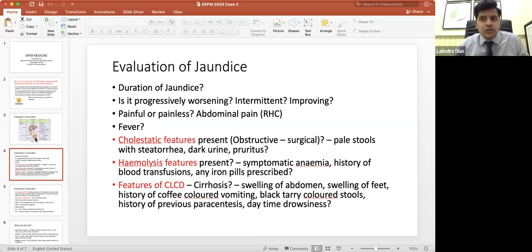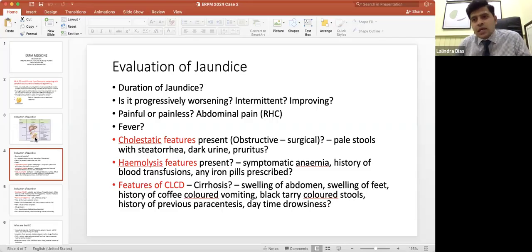So along with jaundice, if you get right hypochondrial pain, that is more suggestive of acute hepatitis, right? But also it can be due to hepatocellular carcinoma. Liver cancer also can cause right hypochondrial pain.